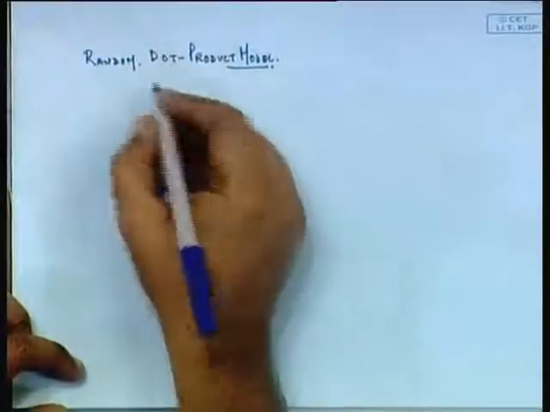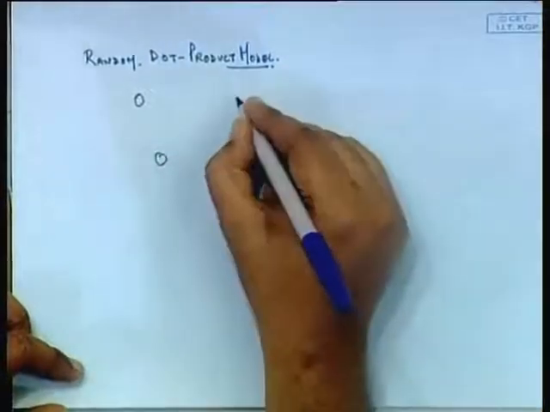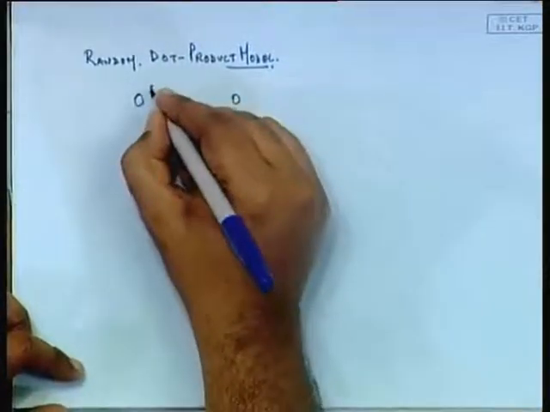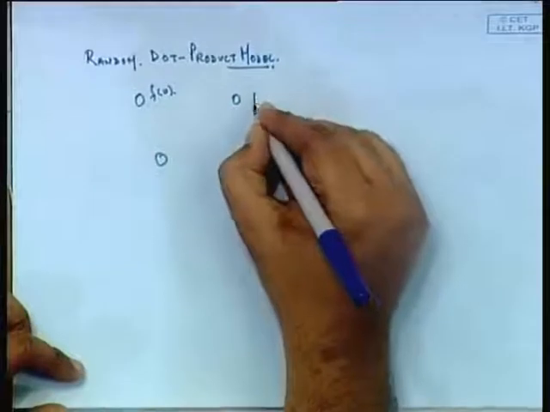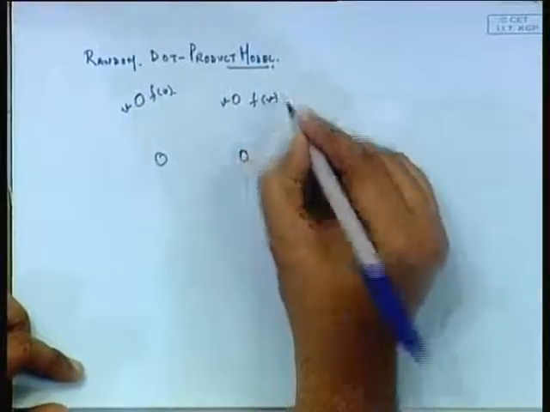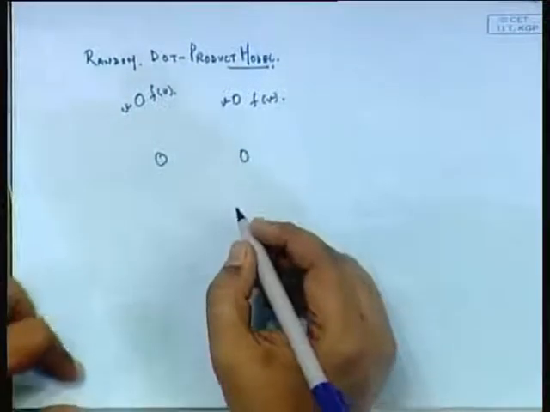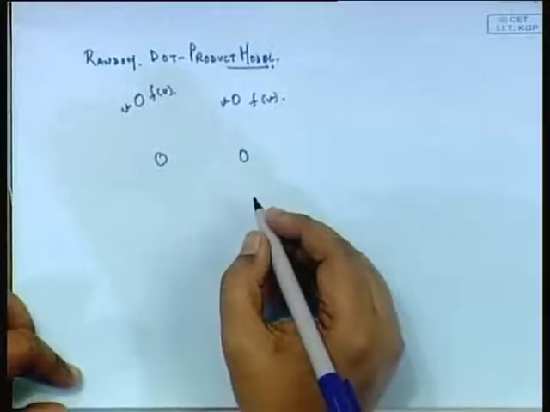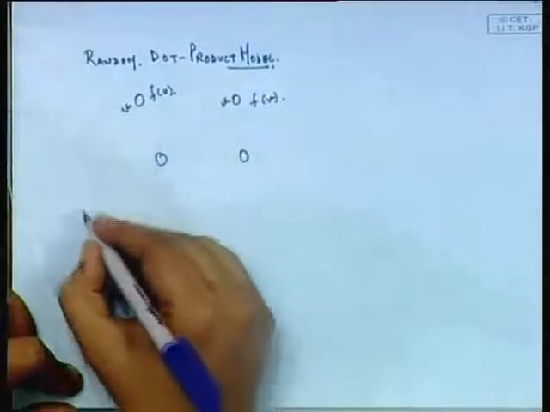Every node has some vector; with every node some vector is associated.